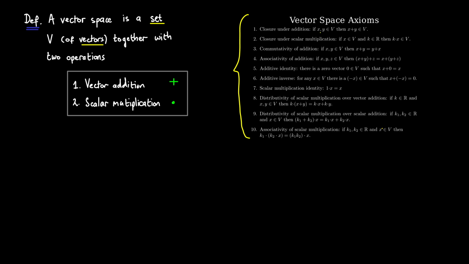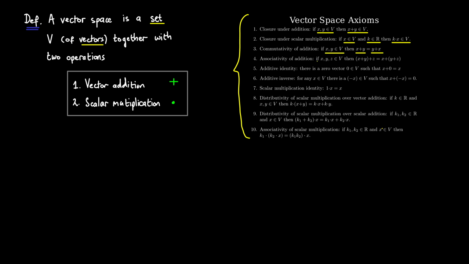The first one says that if I take two vectors in my vector space and I add them, I get another vector in my vector space. This is closure under addition. The next axiom says, if I take a vector and I scalar multiply it, then I should end up with a vector. The next axiom says just some of the behavior of the vector addition. For instance, if I take x and y in my vector space, and I add x to y, that should be the same as adding y to x.